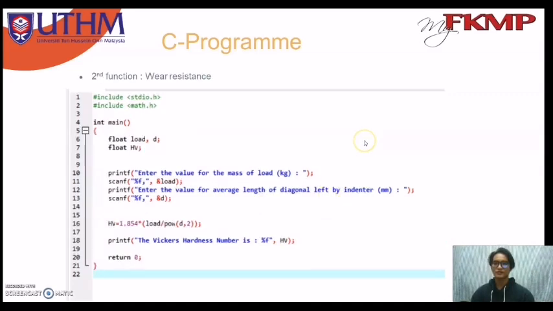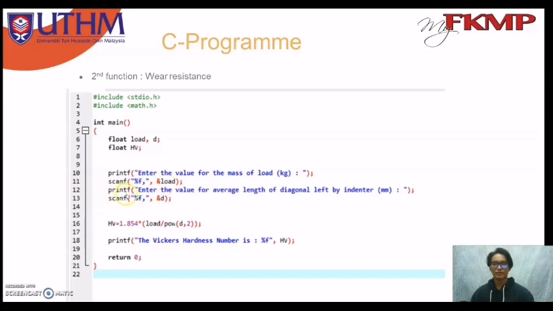Next, for the second function, which is wear resistance, first we call for the library and then we declare the float load, D and float HV. First, we enter the value for the mass of load in kilogram and scan the value into float load.